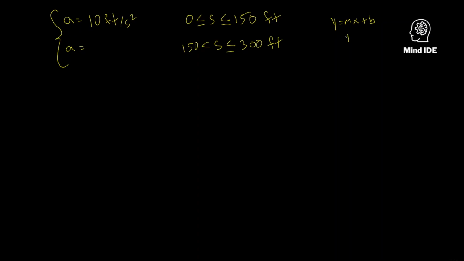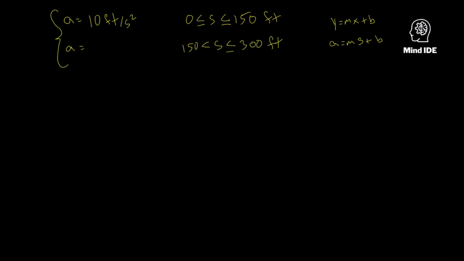So what actually we have here is a equals ms plus b, where we have acceleration and position, m is our slope, and b is your offset.